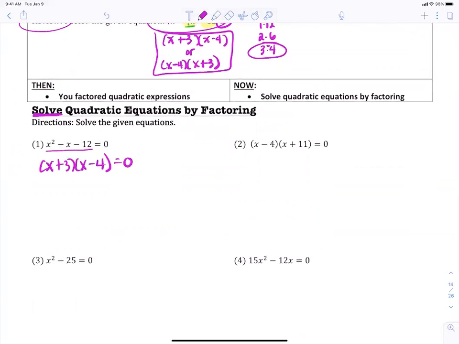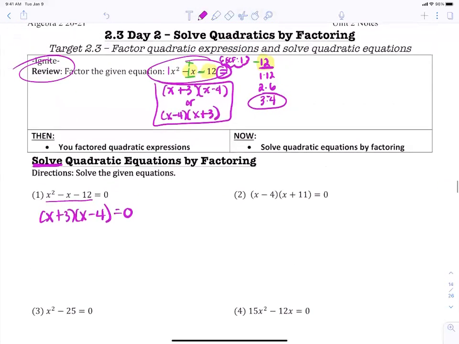In order to solve, we use something called the zero product property, the ZPP. This means the zero product property.